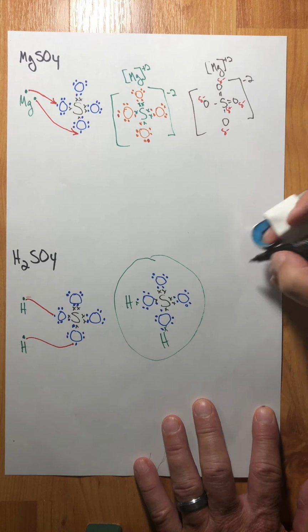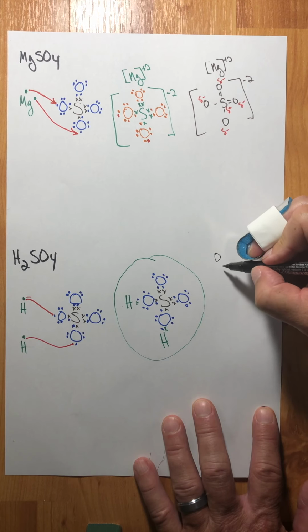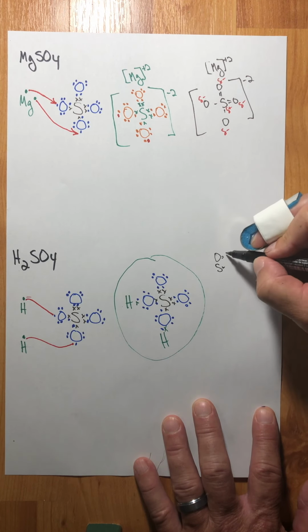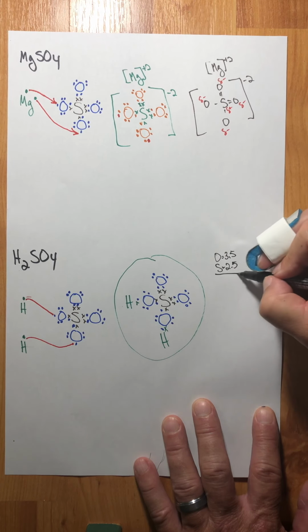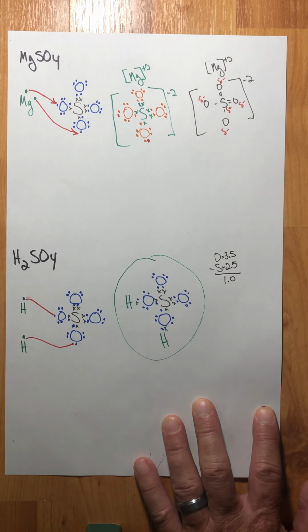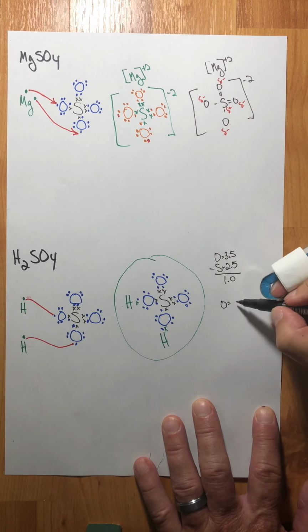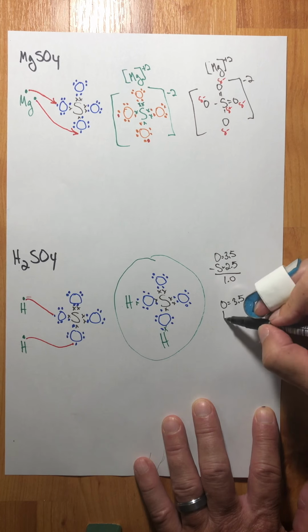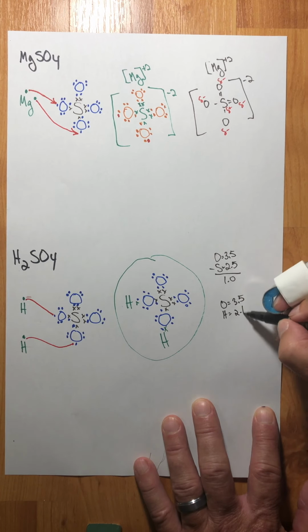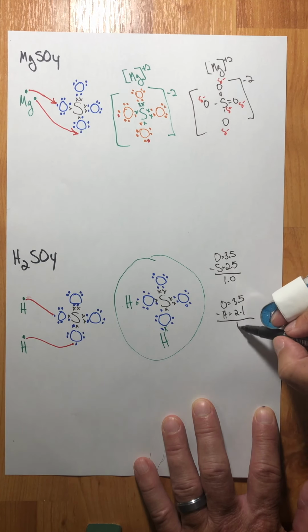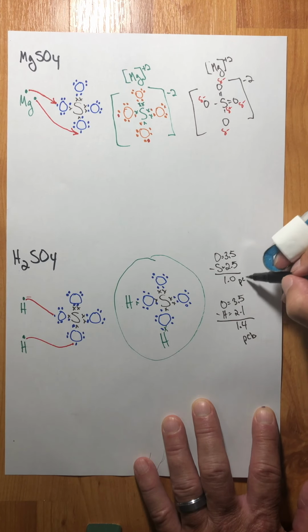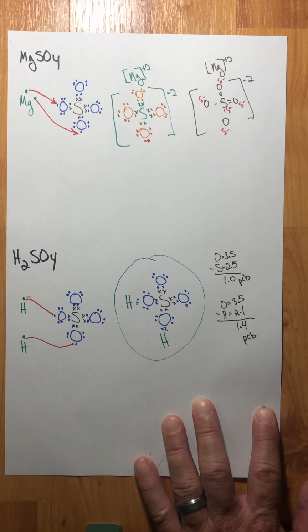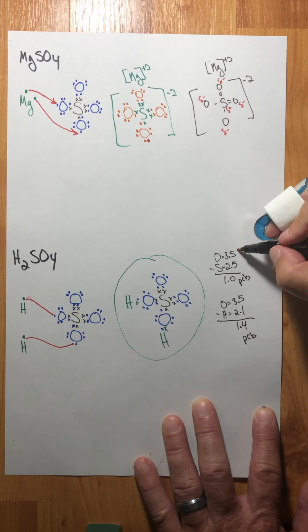For electronegativity, I still have to do oxygen and sulfur. And I would also have to do oxygen and hydrogen. Now both of these are polar covalent bonds, which means that the oxygens are going to be slightly negative.